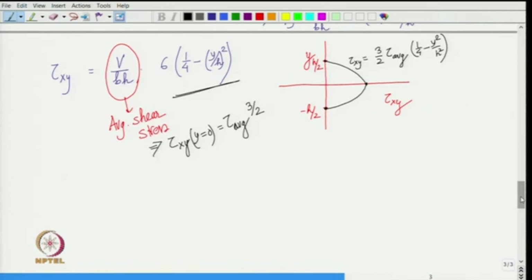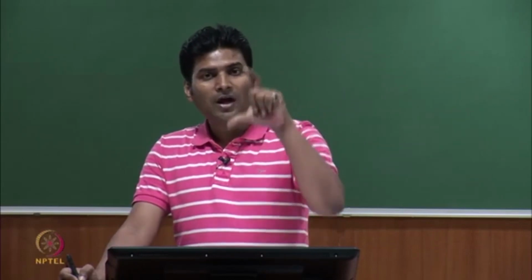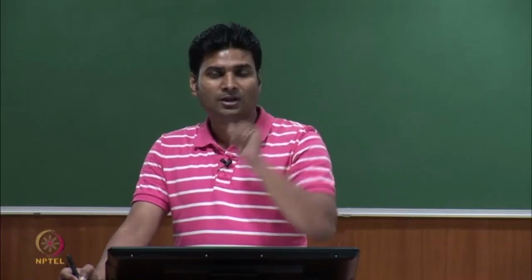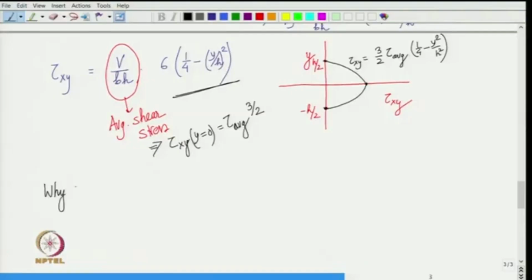It is varying quadratically in the rectangular cross section and its maximum value is at the centroid when y is equal to 0, and then it vanishes at the two ends at y equal to plus minus h by 2. Can we make a guess why tau x y vanished at y equal to plus minus h by 2?